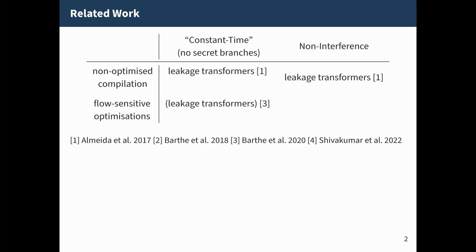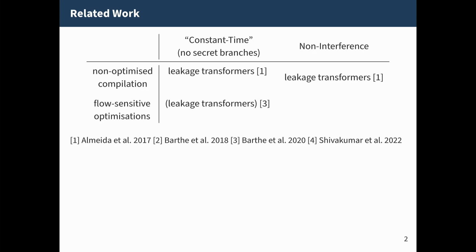There's also work on the special case of the constant time property, which is a special case of non-interference. There, in non-optimized compilation, leakage transformers also work, and some variant of it also works for flow-sensitive optimizations.